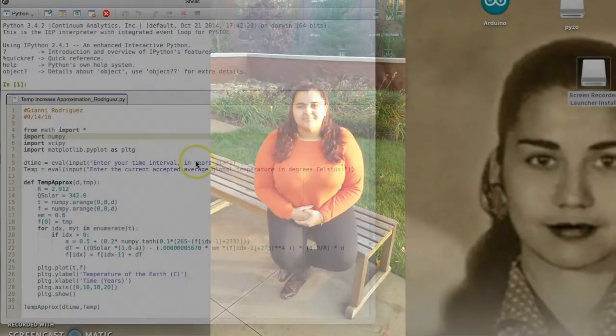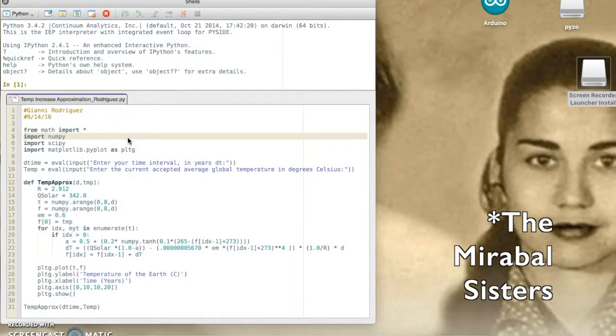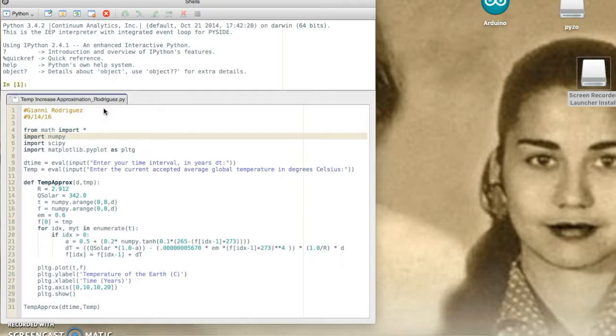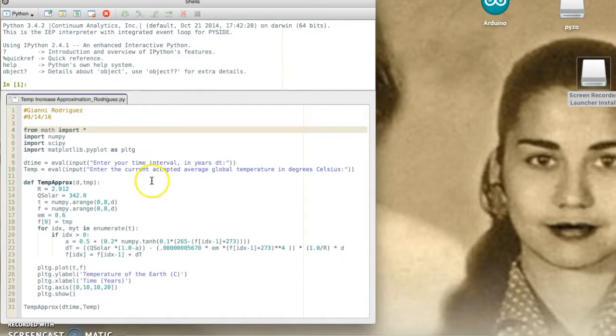So take a look. Here is the code for my basic climate model. I've coded my model in Python because that's the programming language that the physics department teaches here at Agnes. You can see here where I've invoked some packages that already exist in the Python language developed by other people, and where I've assigned my values here.